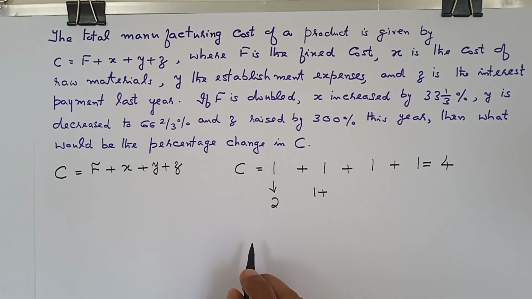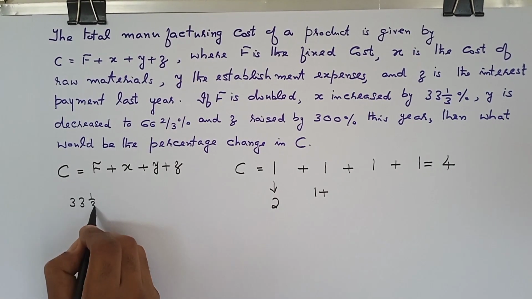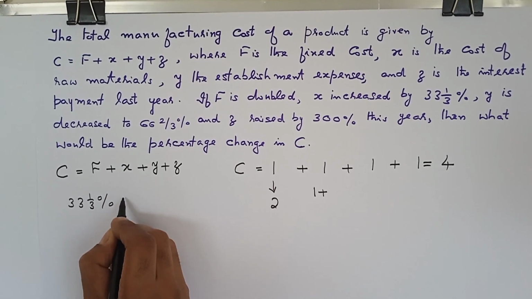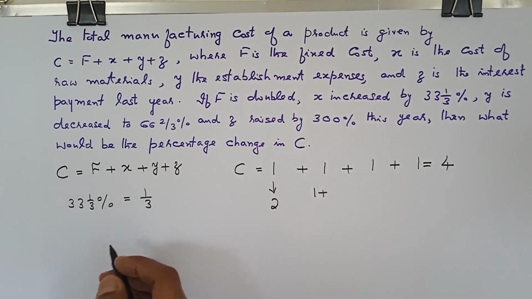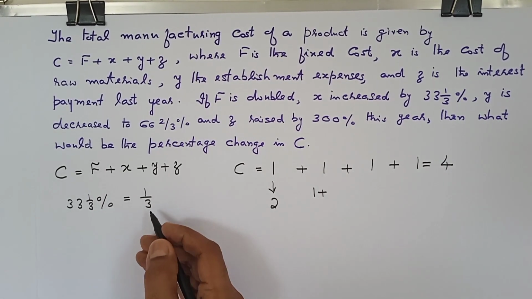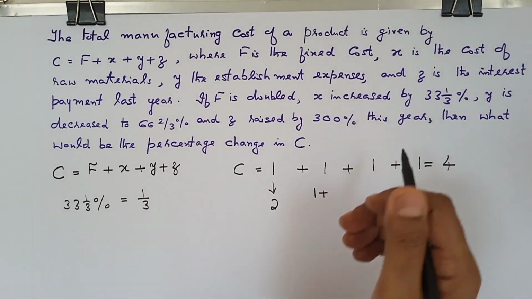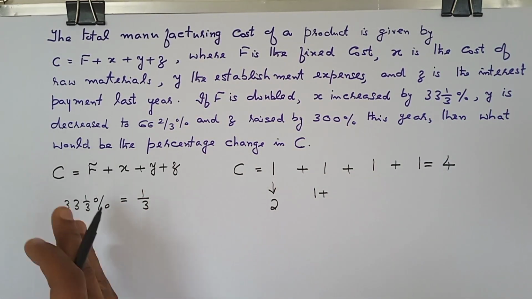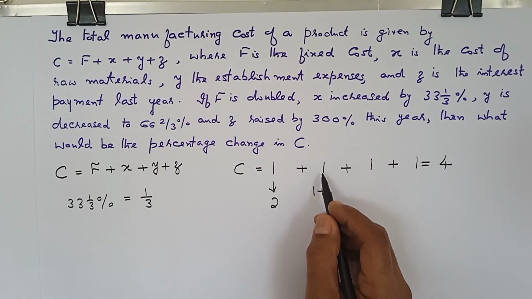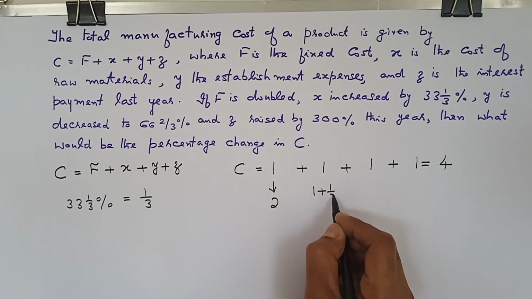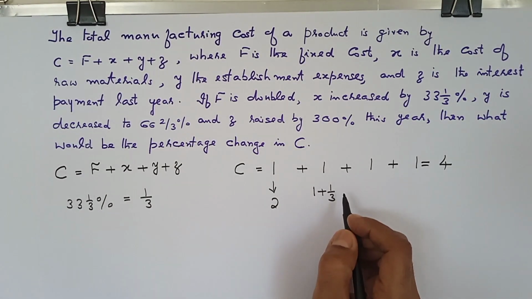And as I've shown in my previous videos, 33 and 1 by 3% is nothing but 1/3. You put 100 here, simplify, you will get 1 by 3. So in dealing with fractional percentages of this kind, it's better to convert that into a ratio like this first and then handle it. So what is 1/3 of 1? Obviously 1 by 3. That's the beauty of converting fractional percentage into a ratio.